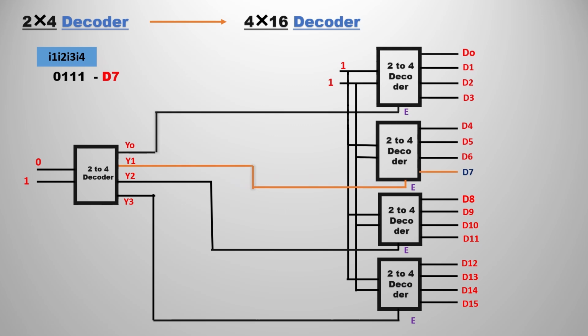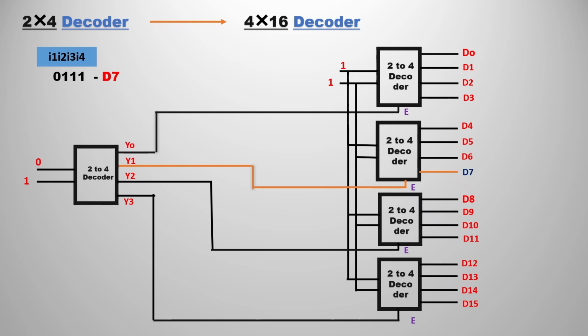The next example that we are going to see is 0111, that is, we want to get D7. So I1, I2 is 01, which has to be passed to the first decoder. 01 means we are going to select Y1, so the second decoder will be selected.